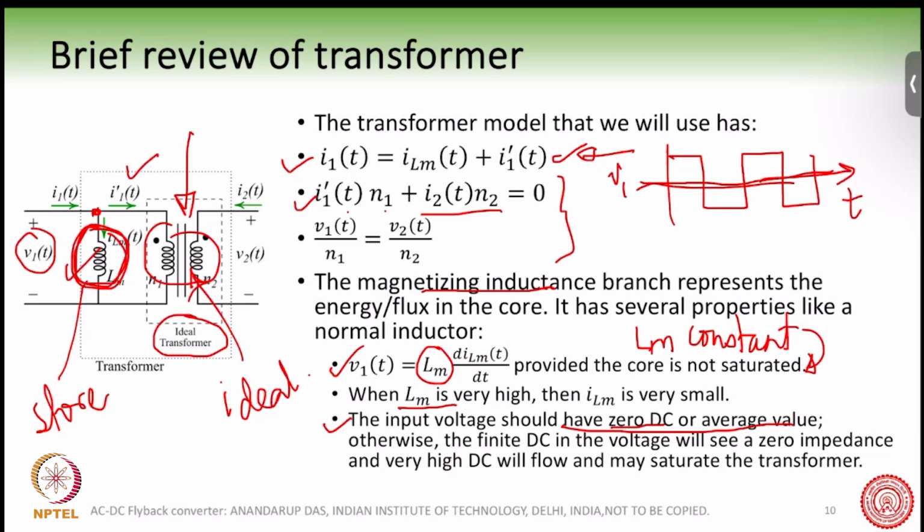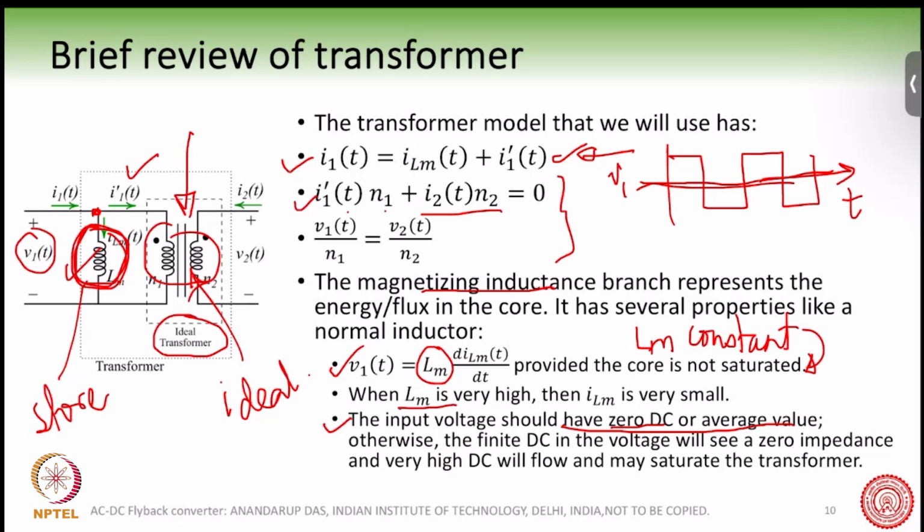In many of your previous courses, you have assumed that the input voltage is sinusoidal, because the grid is sinusoidal, so we have seen a 50 hertz transformer operating with a sinusoidal source. But in this DC-DC flyback transformer, the voltage is not sinusoidal. In fact, it is a square wave, so that's why I have drawn a square wave.